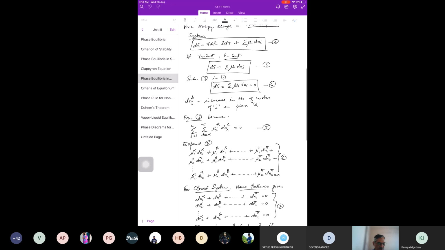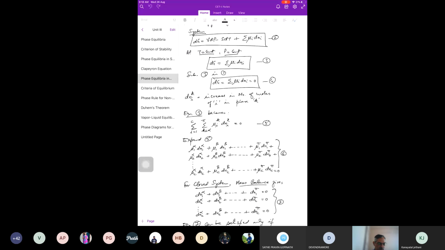Okay, so we expand equation 5 and write for each phase and each component. First we write for component 1 in all phases, then component 2 in all phases, all the way till component C in all phases. That's what we are doing in equation 6. That is mu subscript 1 in alpha phase, dN_1 in alpha phase, plus mu subscript 1, that is component 1 in beta, dN_1 in beta, like that till all phases, pi.